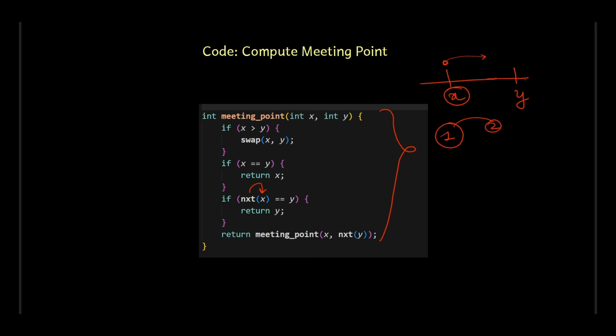If you prefer, you could also deal with the bigger element. In that case you would have to do the division first, but I did it from the smaller element perspective. So if you increment X and if you have met Y, then of course that is your meeting point. Otherwise you decrease the bigger element, that's why you go next of Y.